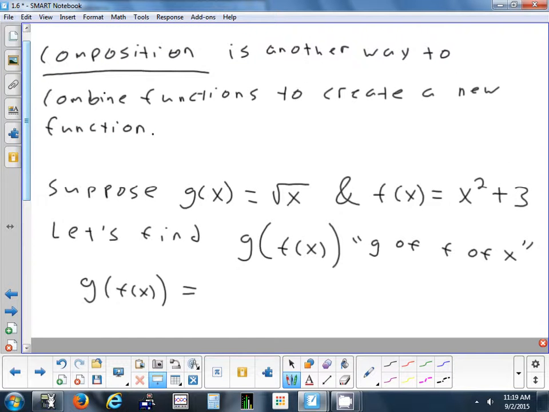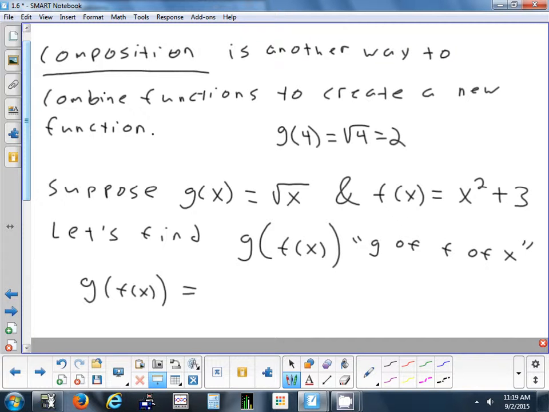Okay, maybe even before we do that, let's start with something even simpler. What if I asked you to find g of 4? How would you do that? What does that mean to do? You put the 4 into the x. Yeah, take what's inside the parentheses and fill that in for the variable in the function.